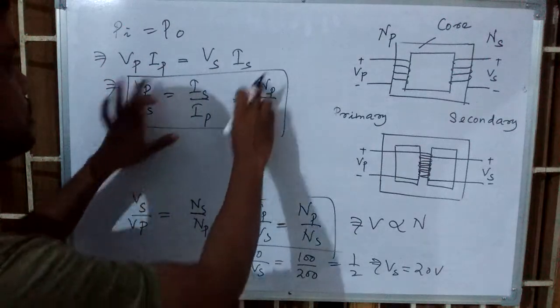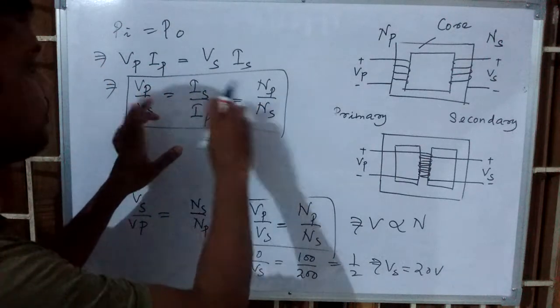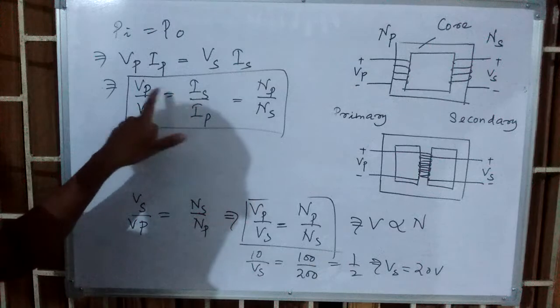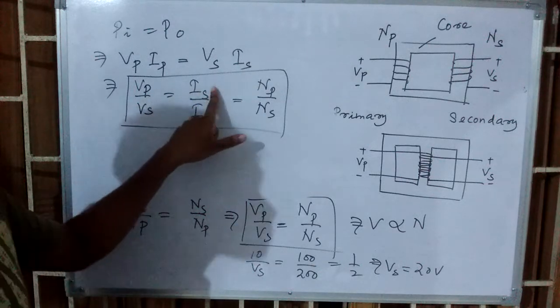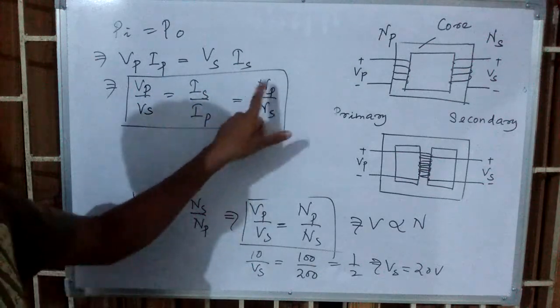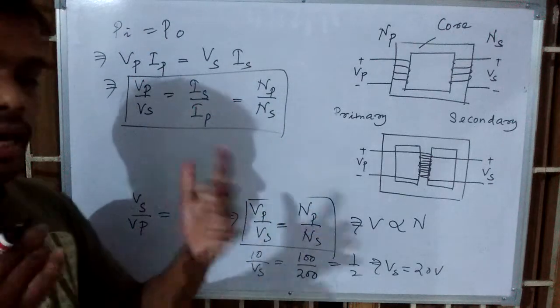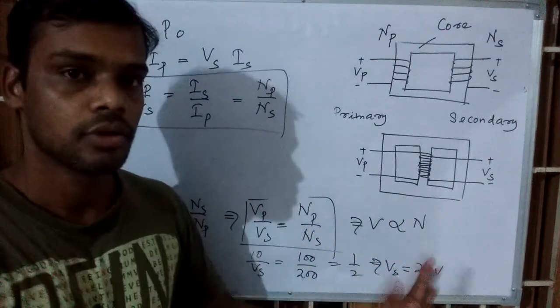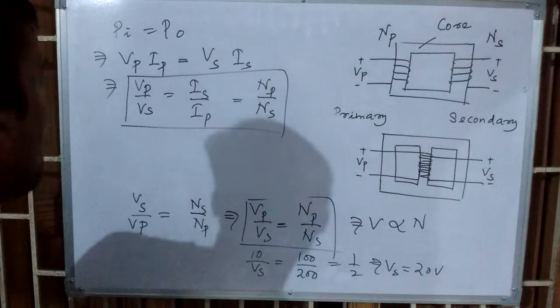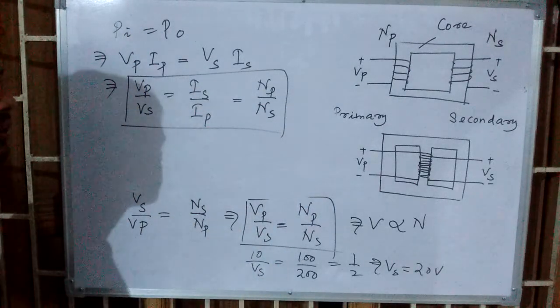So we do know this proportion already, but what about this? You see, more the turns, less will be the current, because this is reverse. Is by Ip is equal to Np by Ns. Very simple. The side having more number of turns will have less amount of current. Okay, this is all about the working of a transformer.